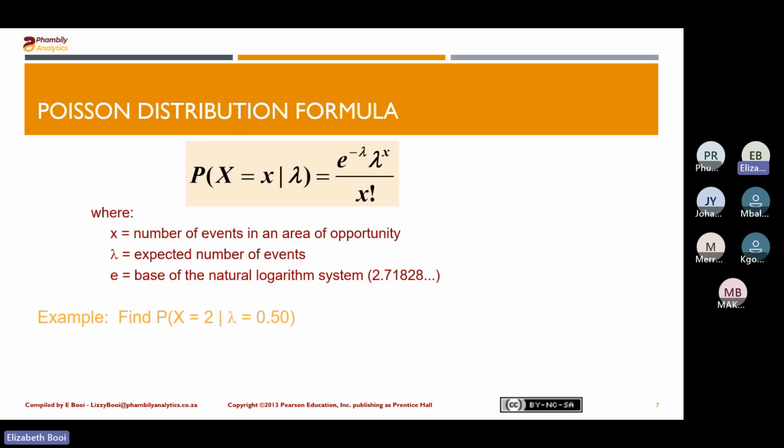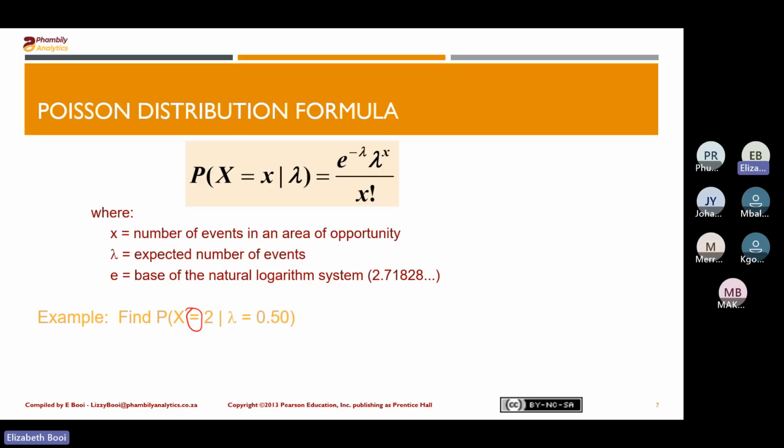The most important thing is the sign. The sign says exactly or equal, so it means we're going to calculate at that point. So we're going to substitute the value of X equal to 2 and our lambda of 0.5 into the formula and calculate.